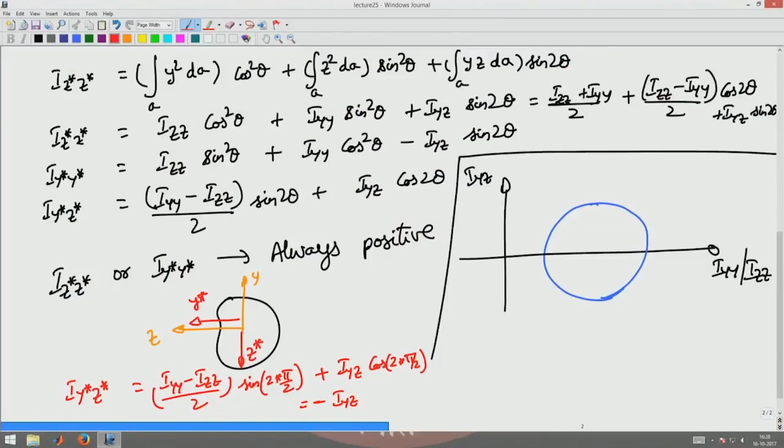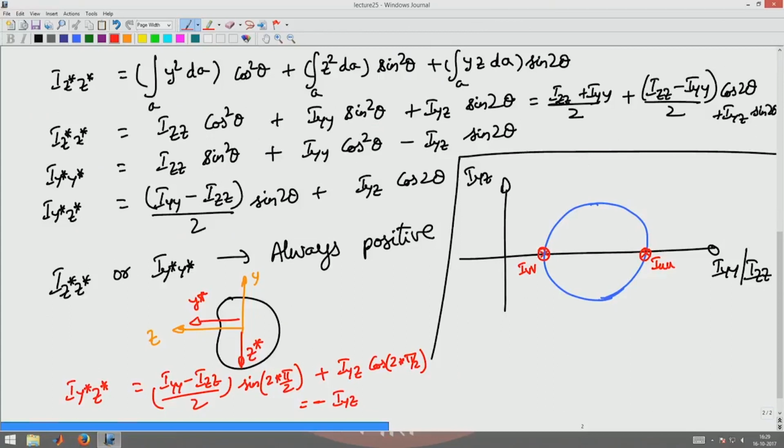Say the principal axes are denoted by u and v; there will be a minimum moment of inertia Ivv and a maximum moment of inertia Iuu. So we are interested in finding this Iuu and Ivv and the orientation of u and v with respect to y and z. That is the principal moment of inertia, and the orientation of its axes.